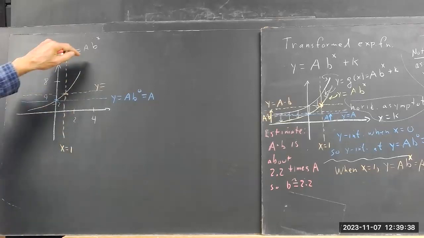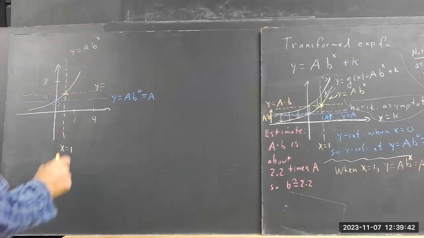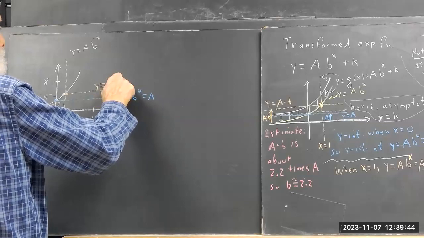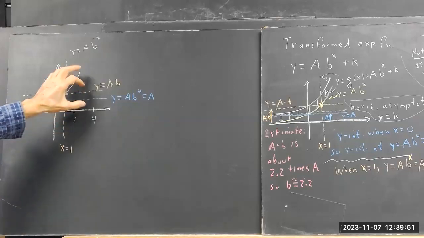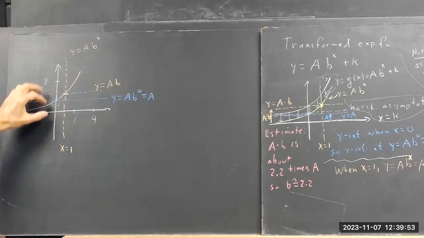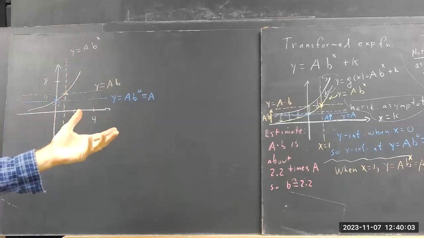Well, if x is 1, what is ab to the x? It's a times b, isn't it? So this is y equals a times b. And now, which is bigger, a times b or a? It looks like a times b is not quite twice as big as a. Maybe it's 1.6 times as big.